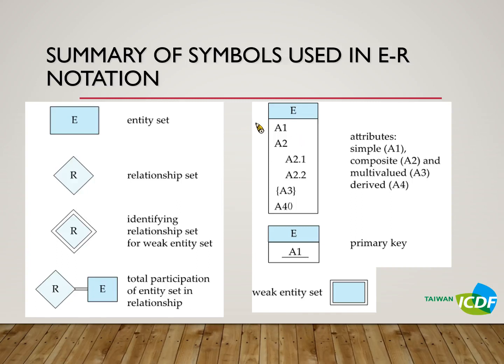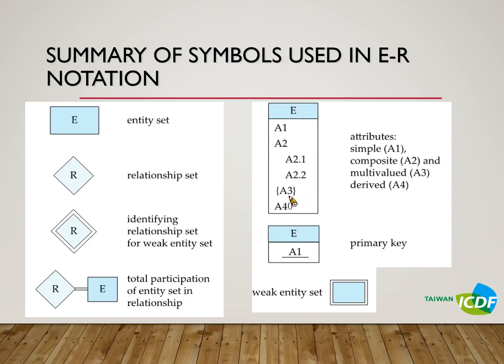And the attributes attached to entity sets are usually listed below the entity sets. These attributes include simple attributes like A1 or composite attributes like A2. For composite attributes, we can represent more detailed elements followed by the composite attribute name.